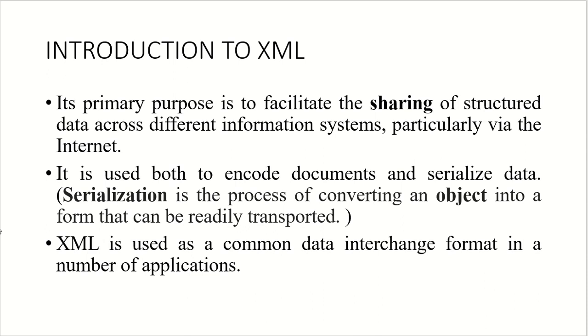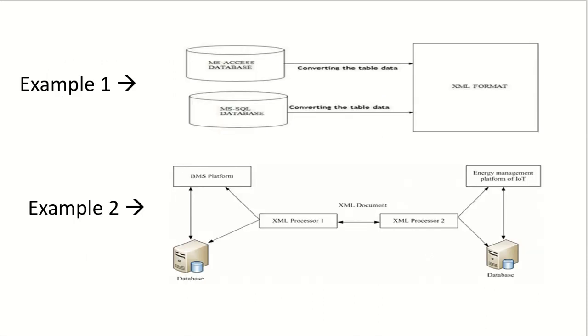Okay? So the next example that we can read is here. Now this is the BMS platform. BMS is Building Management System platform. So it is having a database. Now this platform needs to communicate with an IoT Energy Management System platform.